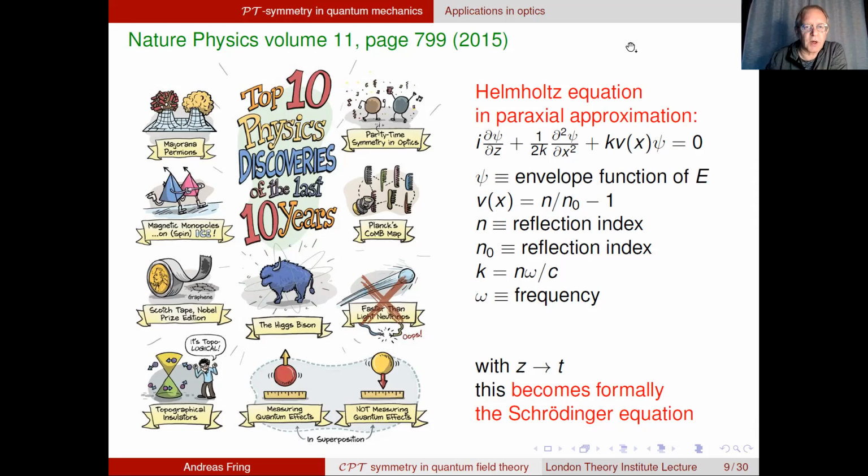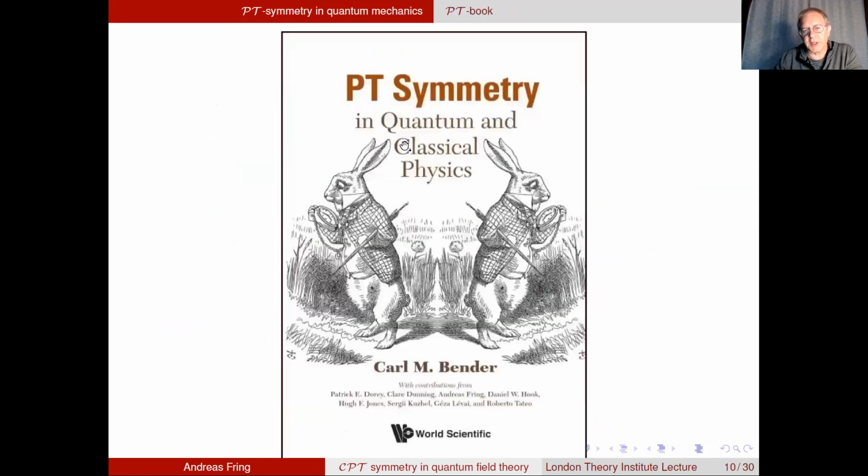So that's the reason why Nature Physics considered PT-symmetry in optics as one of the top 10 discoveries between 2005 and 2015. And if you are further interested, there's also already a book on the subject, which I show you here.